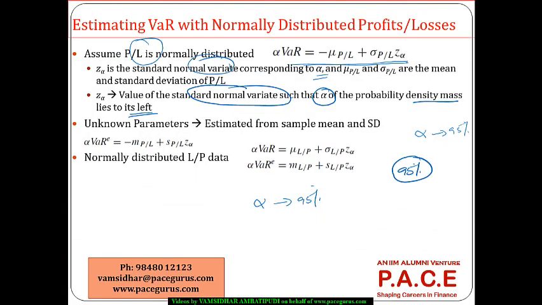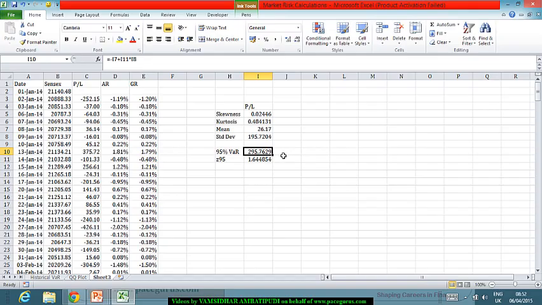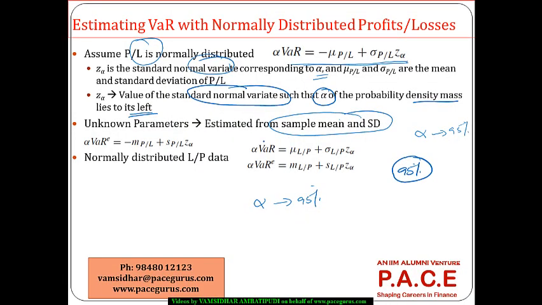In case I am working with a sample, mu and sigma will probably not be known. If that's the case, I'll go with the sample mean and sample standard deviation. That is what I have done here. I don't know the mean or the standard deviation of the population, but I have computed them from the sample itself.